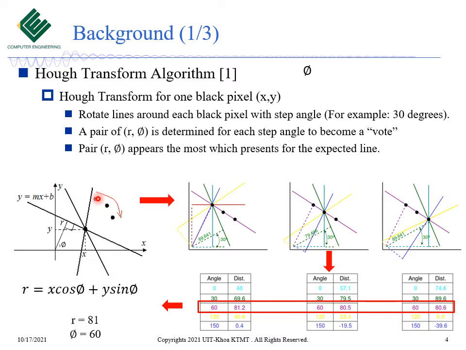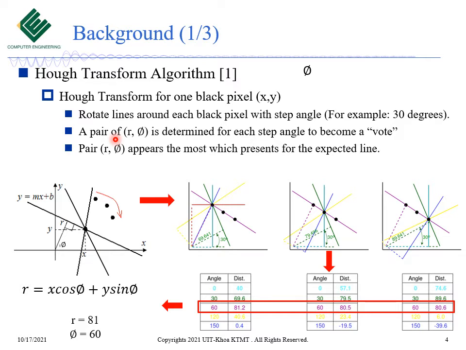In the Hough transform algorithm, we need to process every pixel located on the line by rotating a line around each pixel with a step angle, and then a pair of radius and phi angle is determined for every step angle.